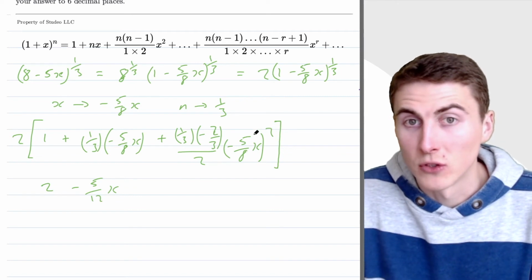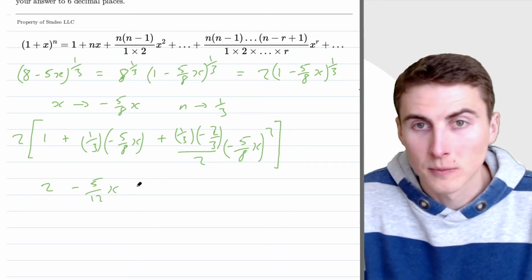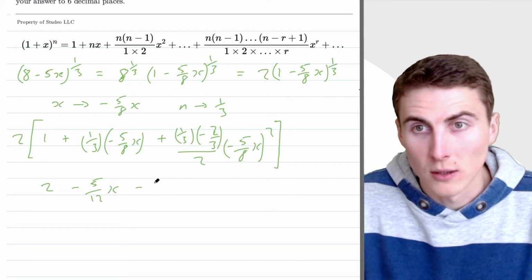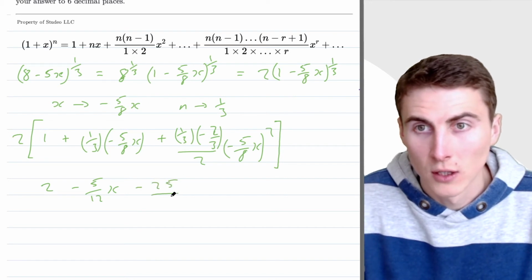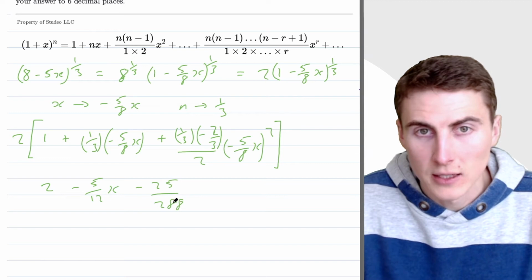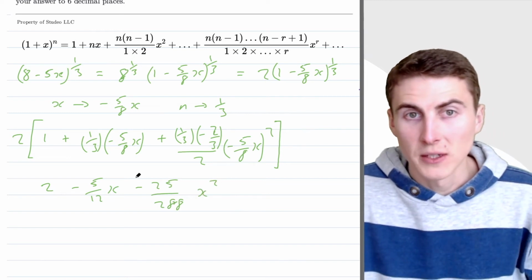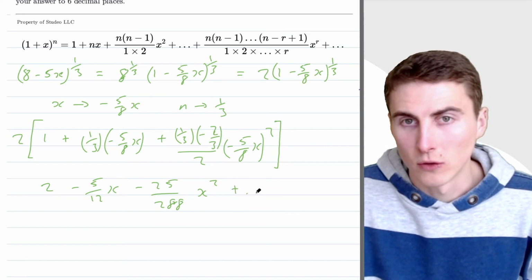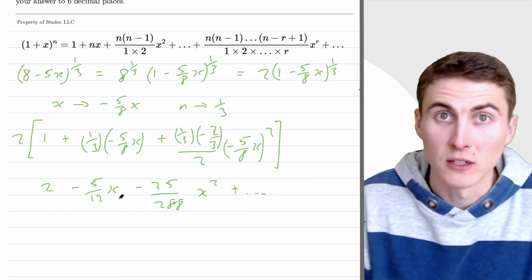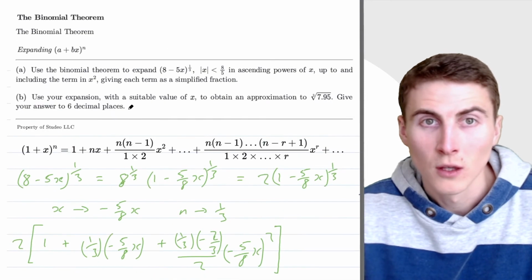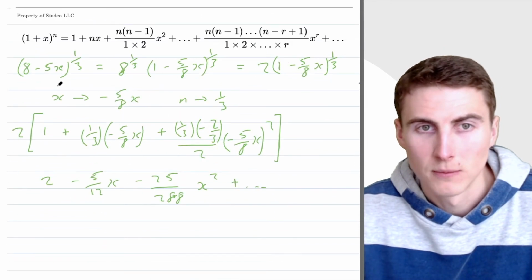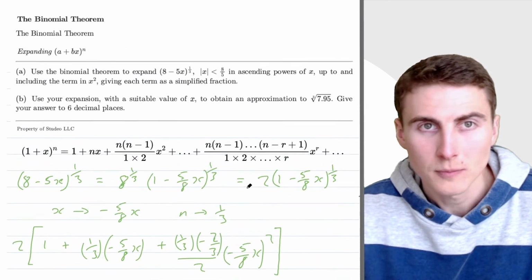And remember, you have to square the minus 5/8. And that would give us minus 25/288 x squared. And that's it. We've expanded it. And that would, of course, continue on, but we only had to find these first few terms. So that's how we do part A.